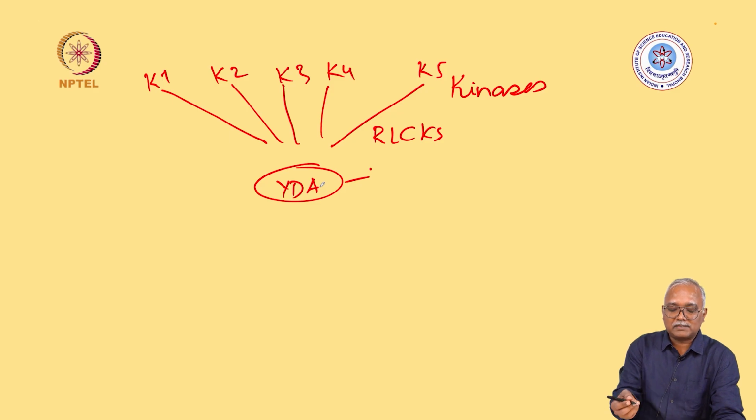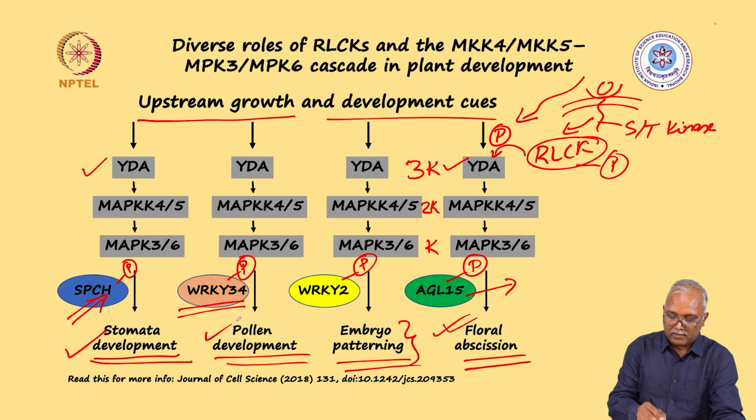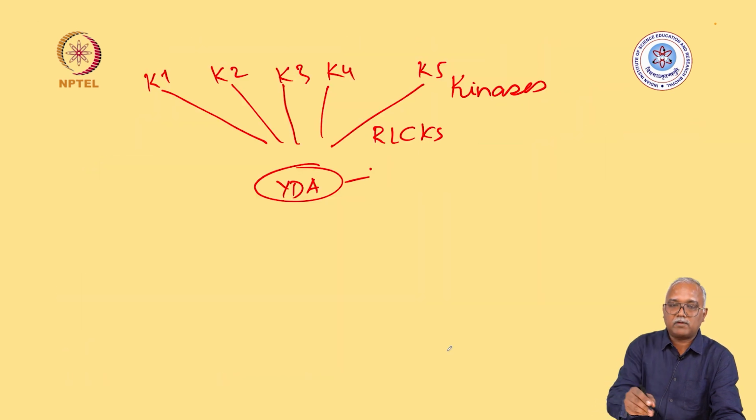We have seen multiple examples of this sort where multiple different kinases work to ensure that one key transcription factor or one key effector molecule is activated. In this case, whether it was stomata development, embryo patterning, pollen development or floral abscission, all of them were merging from their receptor onto this YDA molecule.